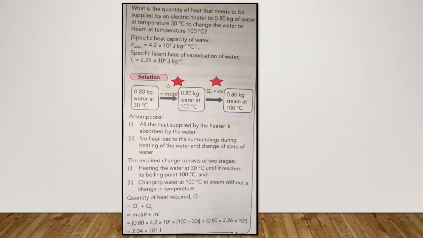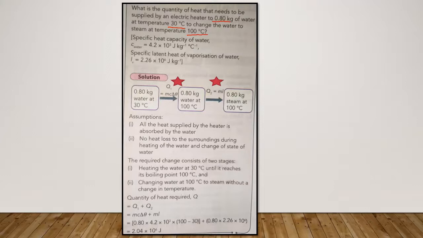Okay, next question. What is the quantity of heat that needs to be supplied by an electric heater to 0.8 kg of water at temperature 30 degrees Celsius to change the water to steam at temperature 100 degrees Celsius? How much heat must be supplied by the electric heater to 0.8 kg of water at 30 degrees Celsius to change it into steam at 100 degrees Celsius? They give us the specific heat capacity of water, 4.2.